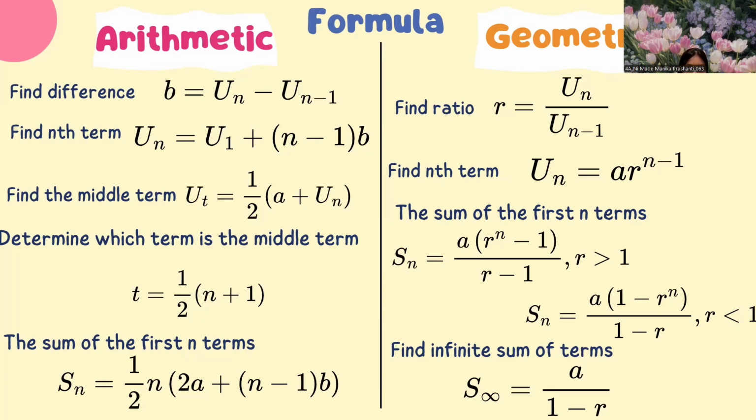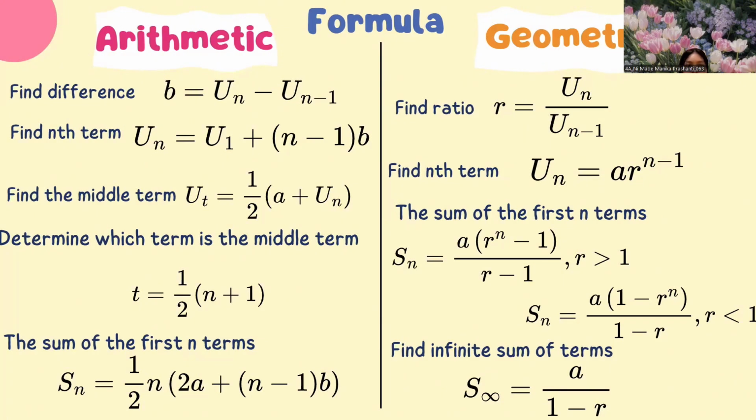In arithmetic, we can find the middle term with the formula Ut equals half times a plus Un. And we can determine which term is the middle term with the formula t equals half times n plus 1.